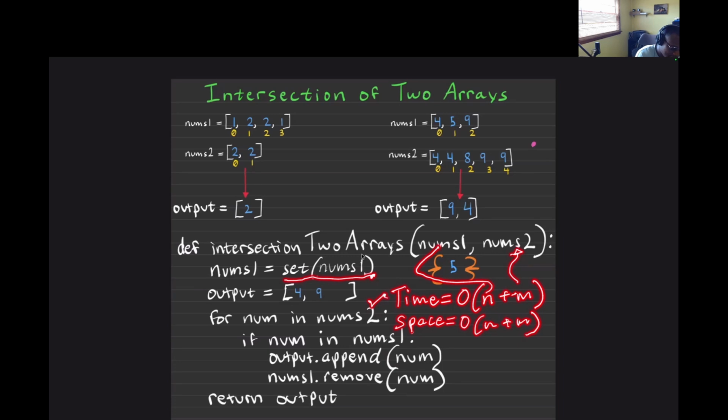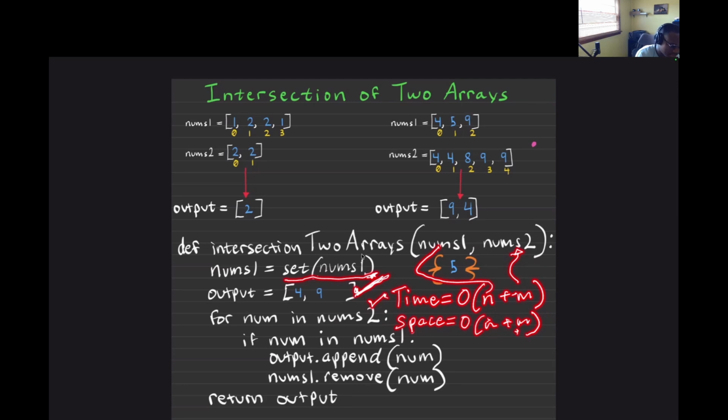And the space is O of n, where n is the size of nums1 because we convert it to a set. That takes memory to do. And the space is big O is also plus m as well. So the total space is O of n plus m. Because what if the output array, depending on who your interviewer is, let's say they don't count it as auxiliary space, the output array could be the size of both nums1 and nums2.